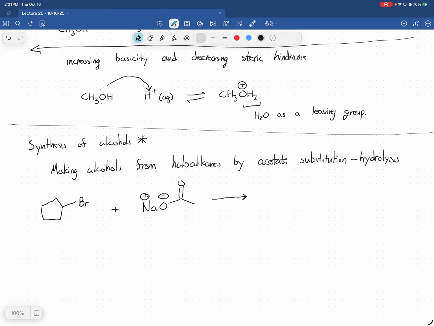Since this is a secondary alkyl halide, you have to heat it up, so we have this elevated temperature here, 80 degrees Celsius. DMF is our solvent. So what would my product be? Any ideas?